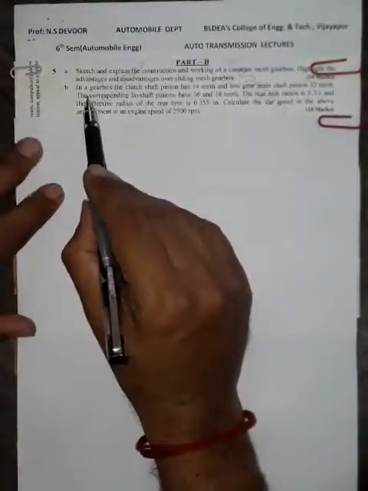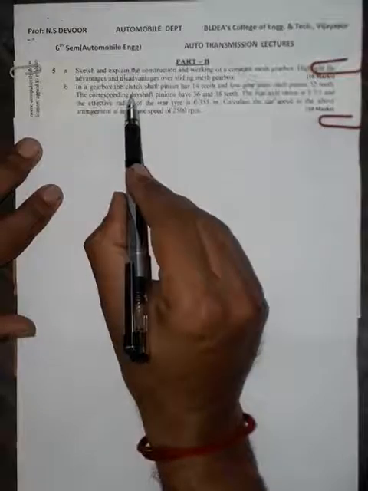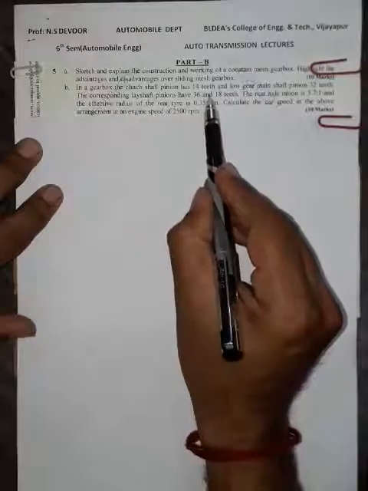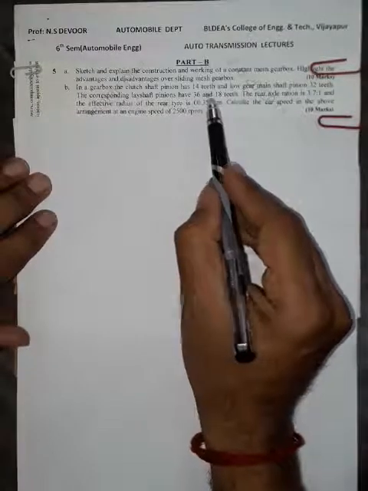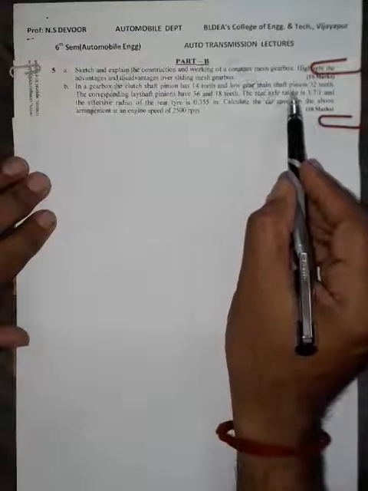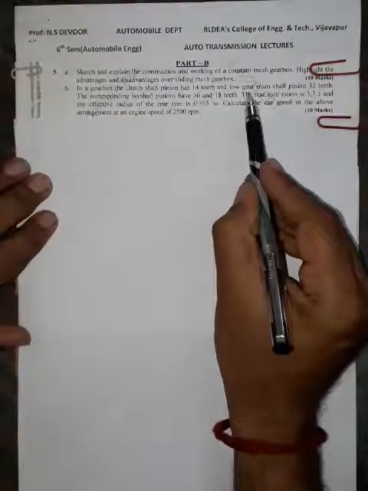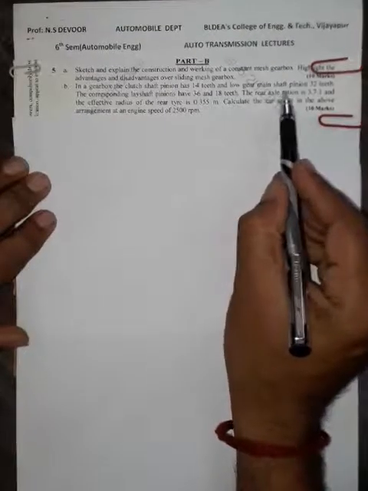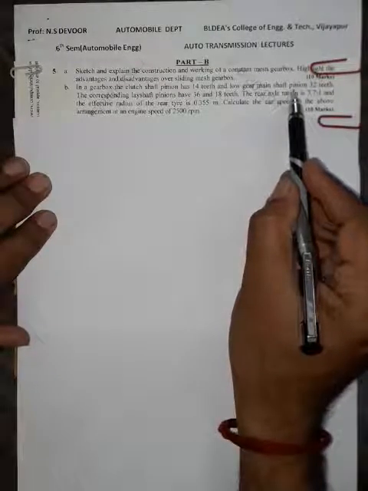Here I will read this problem. The gearbox clutch shaft pinion has 14 teeth, and the low gear main shaft pinion, low gear means first gear, that is the gear on the main shaft, has 32 teeth.